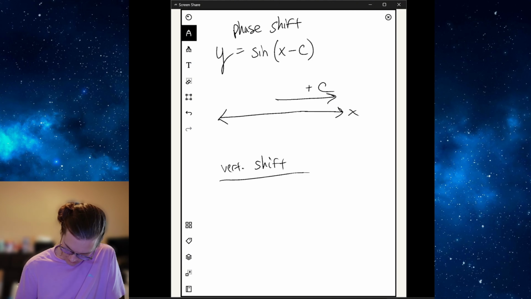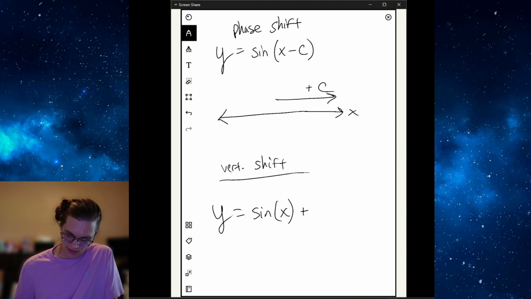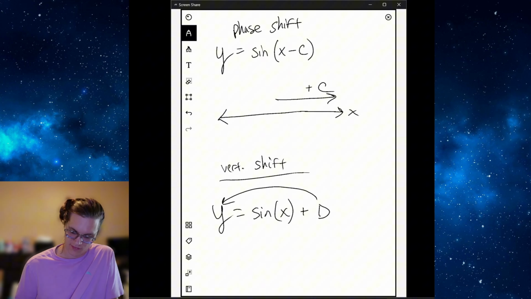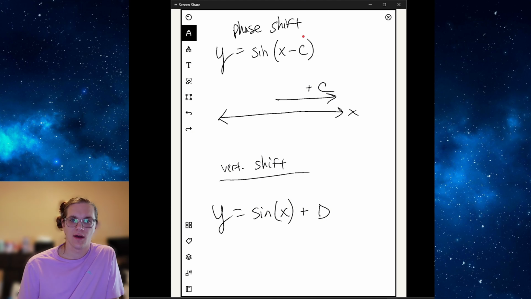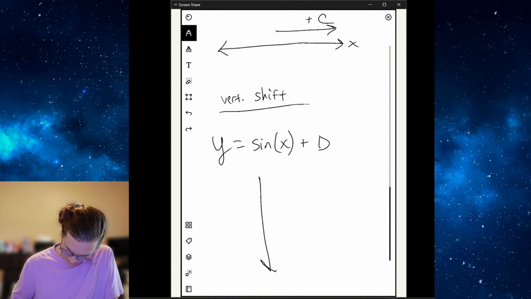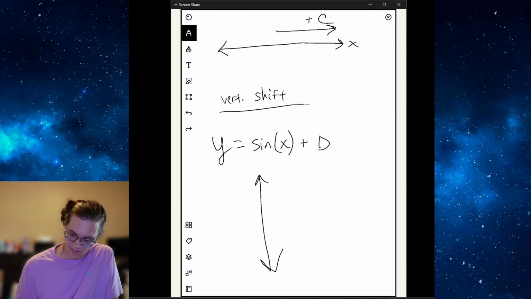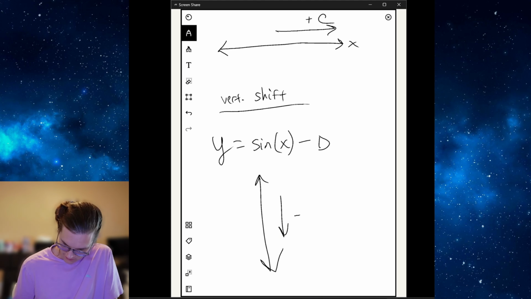And then a vertical shift is one that occurs outside of the argument, so you can think, oh, this affects the y because it's plus d, whereas this one is affecting the x because it's in here in the argument with the x, and so this will go up and down. Plus in the y means plus d, and then minus in the y means minus d.